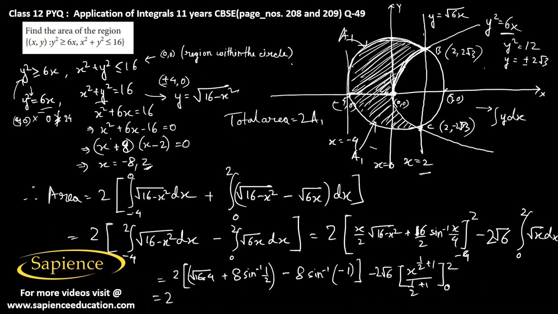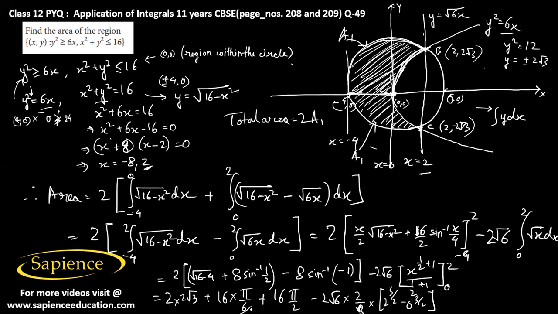Now this will be 2 into the square root of 12, that is 2 root 3, plus 8 times sine inverse half, that is pi by 6, minus 8 times sine inverse of -1, but it will be minus times minus, that is plus, plus 8 times sine inverse 1, that is pi by 2, minus 2 root 6 times, if this goes up, it will become 2 by 3 times x power 3 by 2, so that will be 2 power 3 by 2 minus 0 power 3 by 2.